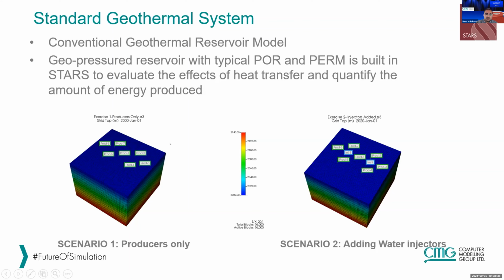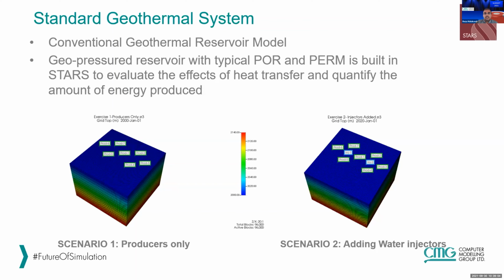As you can see, we had a number of wells initially in the system, and that reservoir has been modeled as a geopressured reservoir with typical porosity and permeability values close to the range of properties that we have in Icelandic geothermal situations.